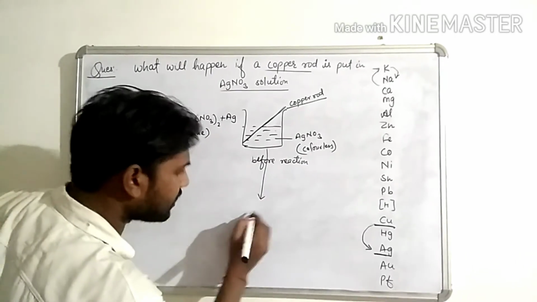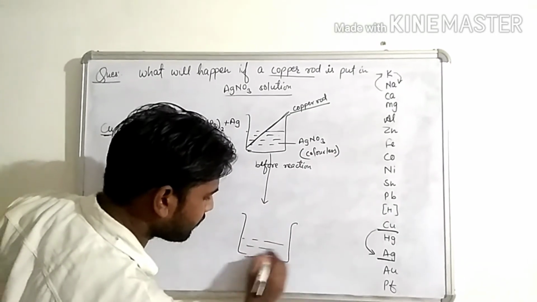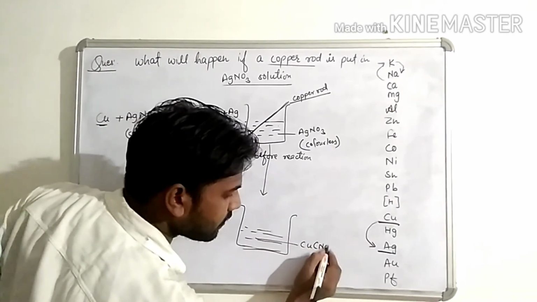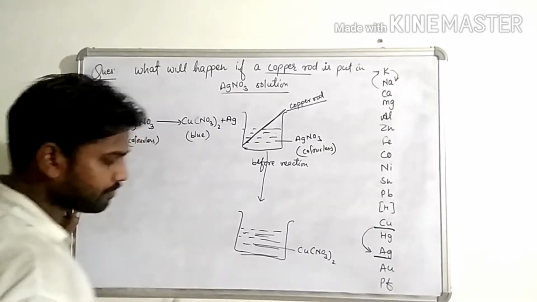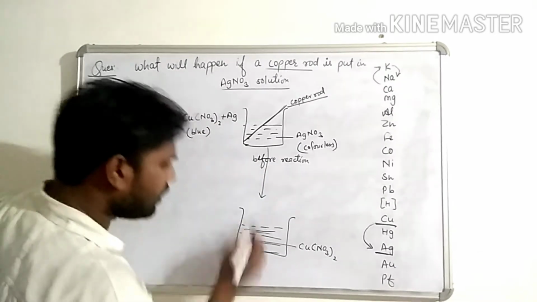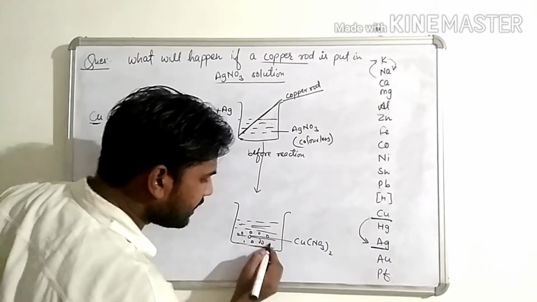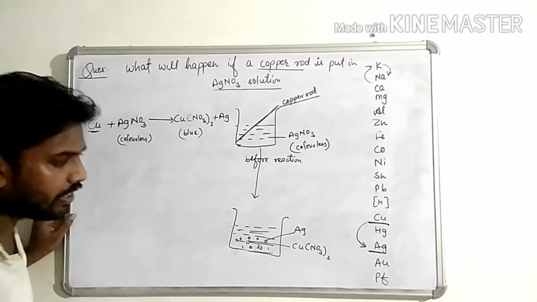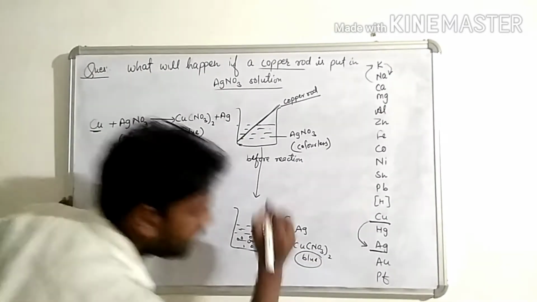Now after reaction, it forms copper nitrate and silver. The particles of silver can easily be seen in the solution. Clear, children? And the whole solution becomes blue in color.